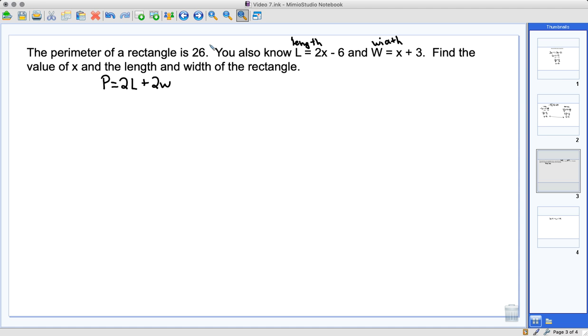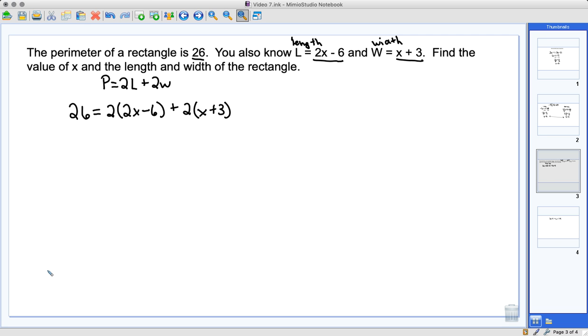So we're going to take all of these pieces of information that we know, and we're going to plug them into this equation. So I'm going to have 26 equals 2 times my length, which is 2x minus 6, plus 2 times my width, which is x plus 3.